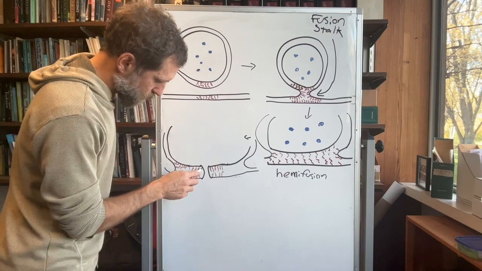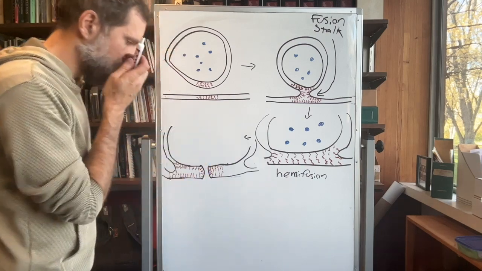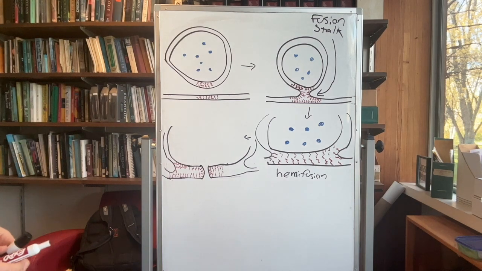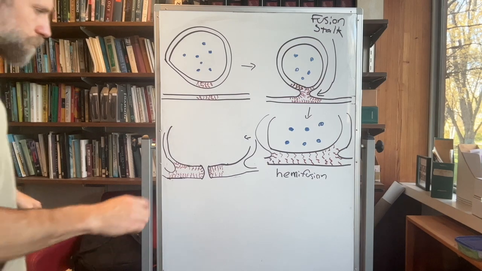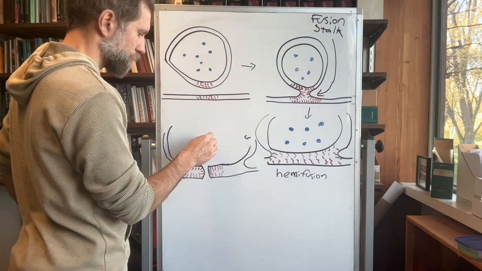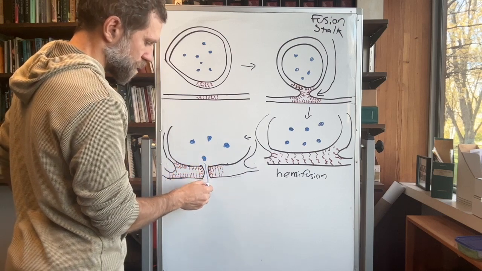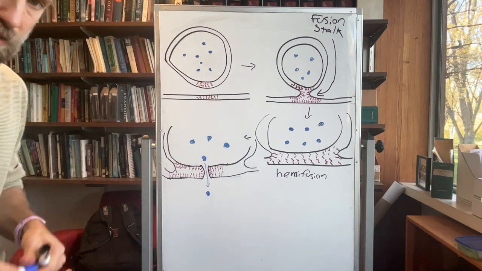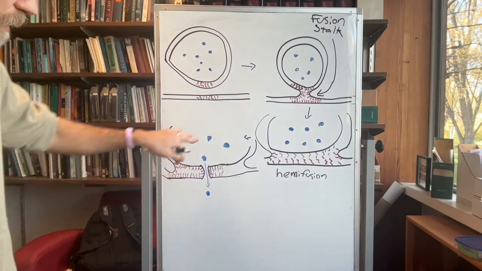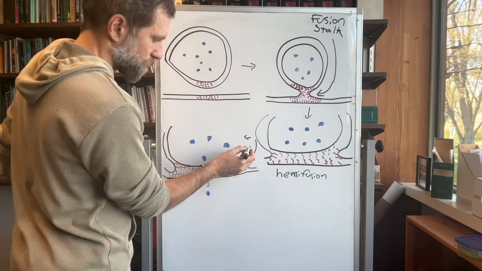So the hydrophobic tails are always oriented away from the water. And so now we have this initial breach, and neurotransmitters can now leave. They can start to leave because we have this open communication with the lumen of the vesicle.